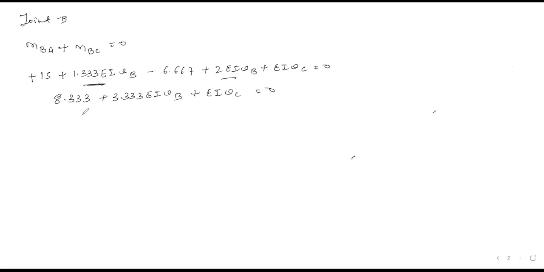So we will get one relation, 3.333 EI theta B plus EI theta C, that should be equal to minus 8.333. I hope it is clear to all of you.